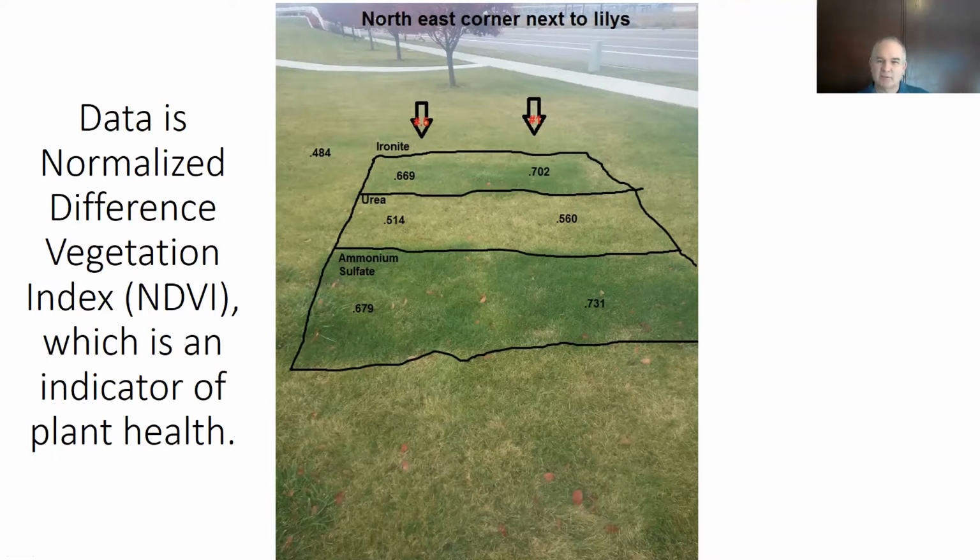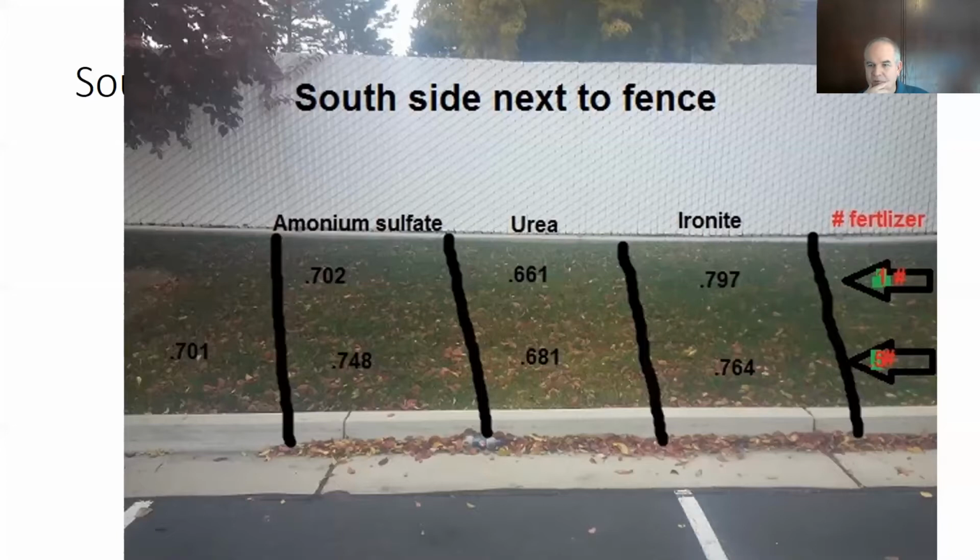And so that's really interesting. If you look around, we did other places on this particular property, and you see similar results. Although, back here on this particular part of the grass, it wasn't as bad. The NDVI numbers were actually better. And so for whatever reason, we weren't getting as big of a response in this part of the landscape.